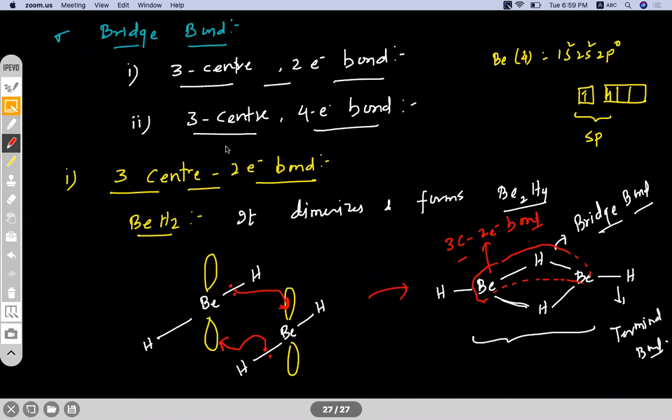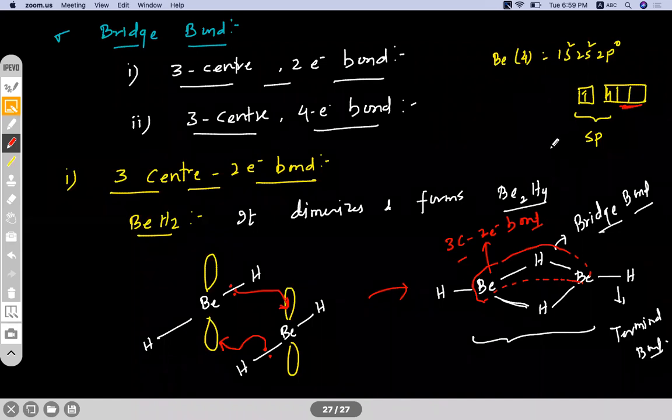See what happens. The BeH2 molecule is this. Now in this bonding state with two hydrogen atoms, beryllium has a vacant orbital available. Hence, it can accept the electron.